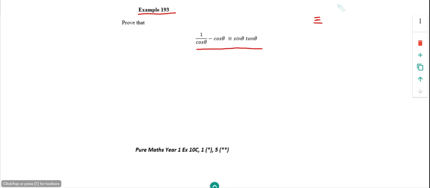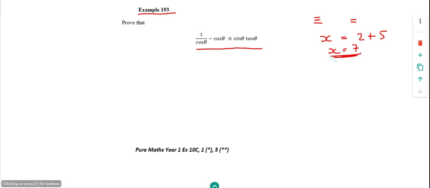So the difference between that and equals is, if we had an equation where we said x is equal to 2 plus 5, that's only true for one value of x, which is x equals 7. It's not true for any other values of x.